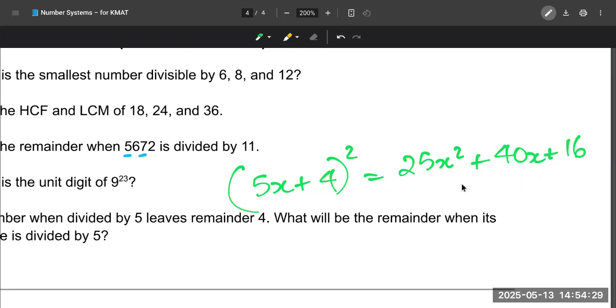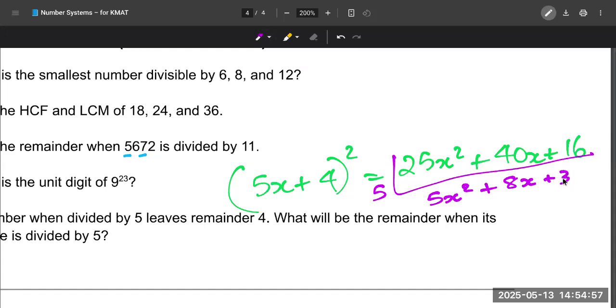Okay. Did you do it like this? No. The whole square, (5x plus 4) squared, is equal to 25x squared plus 40x plus 16, divided by 5. But I got the right answer, I think.